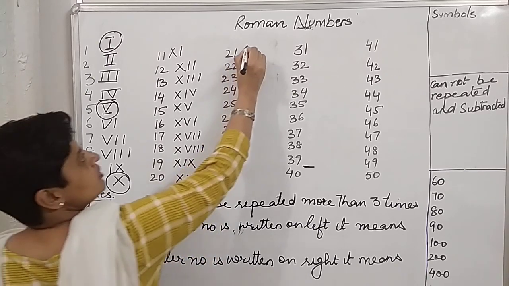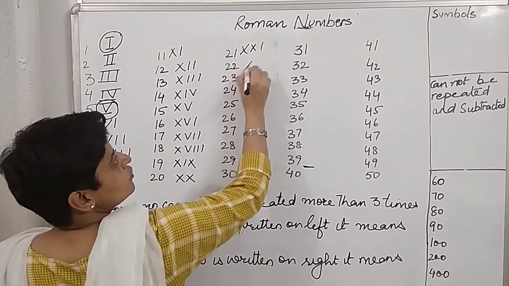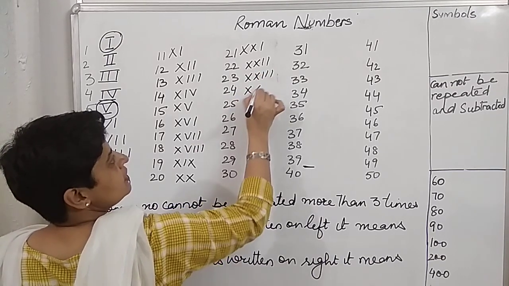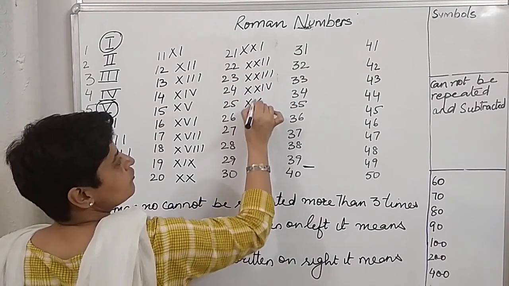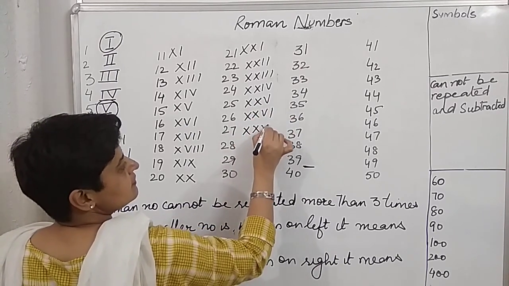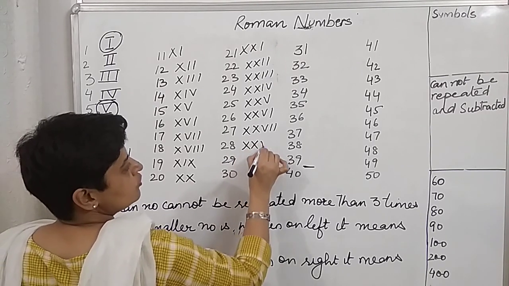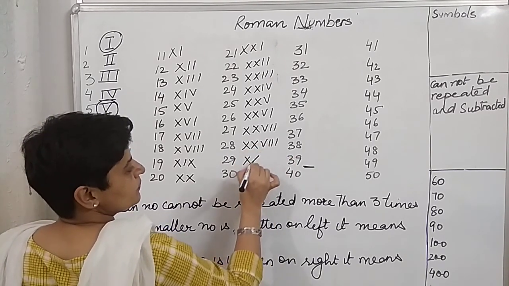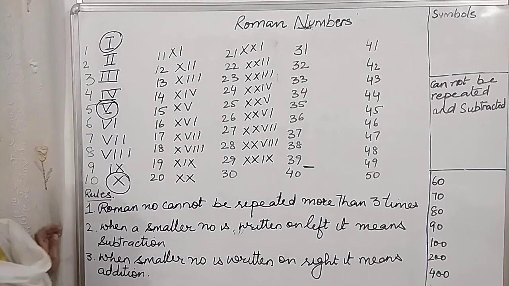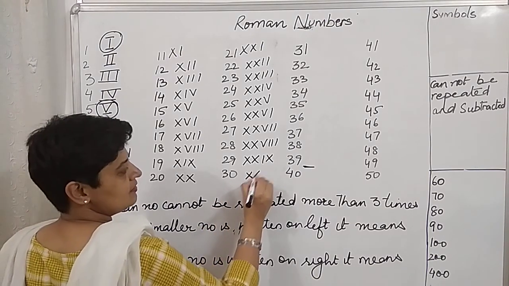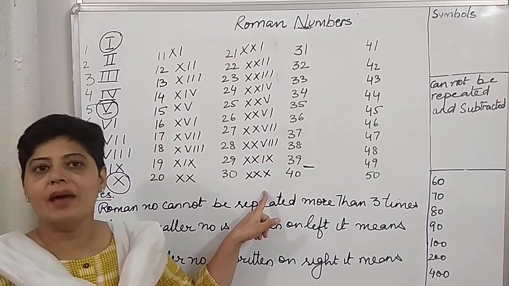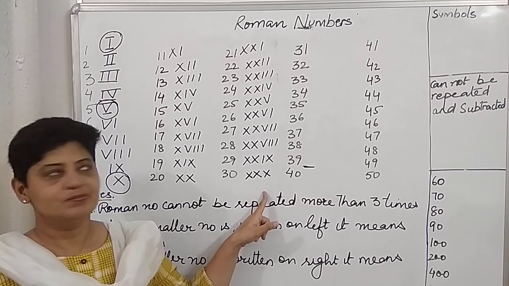Now, 20 plus 1, 21, 22, 23, 24, 25, 26, 27, 28, 29 and 30 means 3 times 10: X, X, X. And here it has reached its maximum limit.